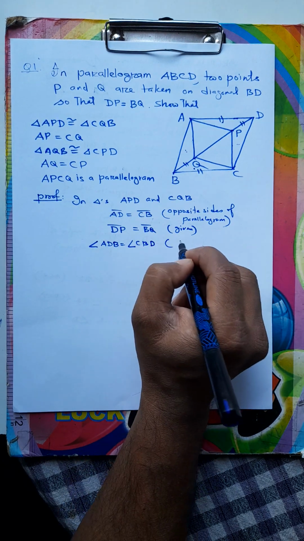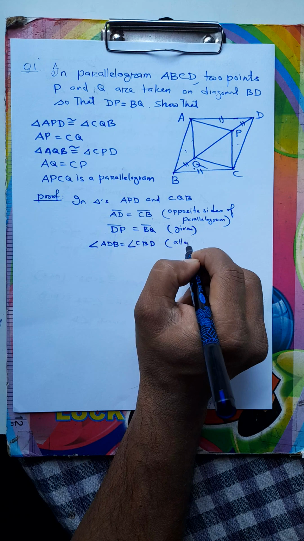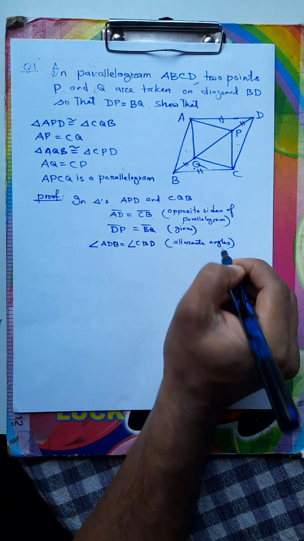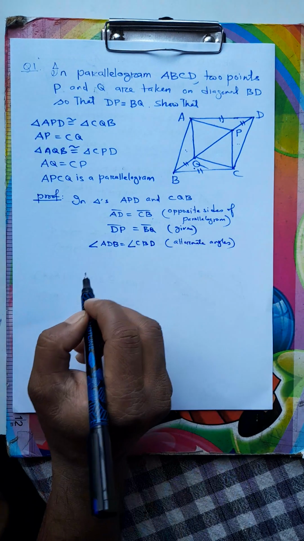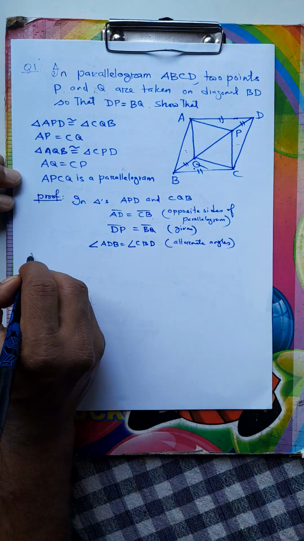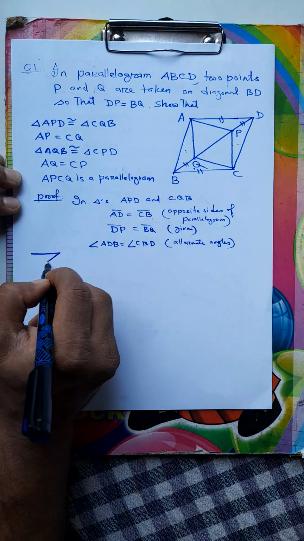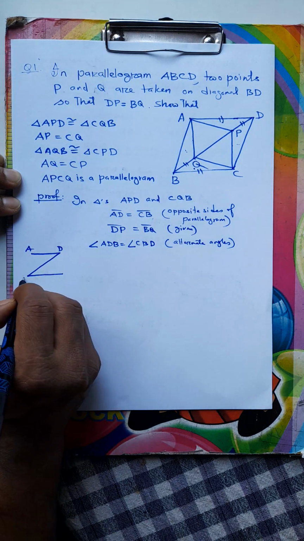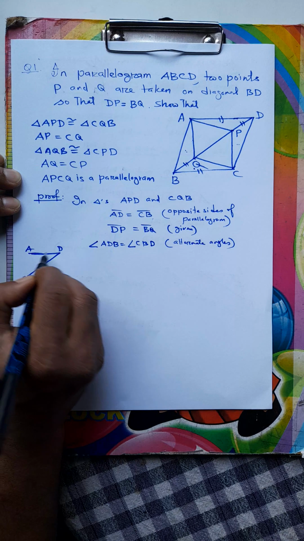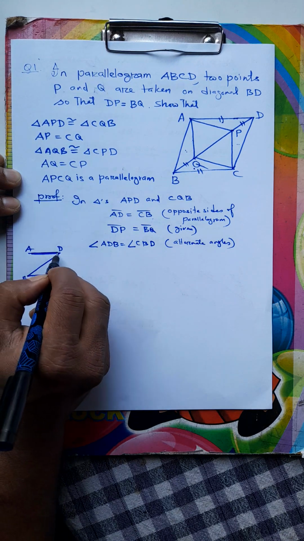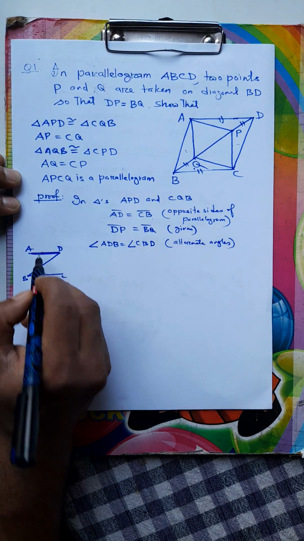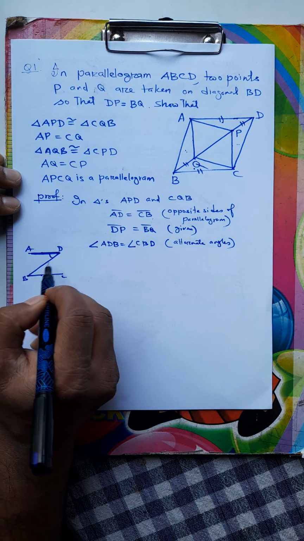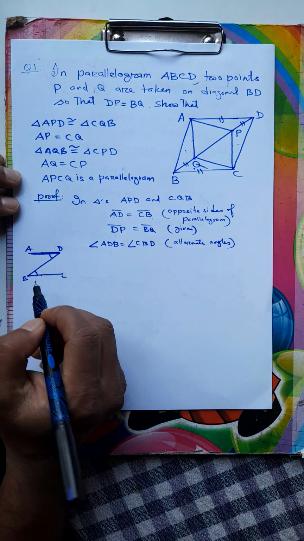Why? They are alternate angles, right? You see if you draw separately, you find this is A, D, B, C. Now opposite sides of parallelogram are parallel. AD parallel to BC, then BD is a transversal, so these two angles are equal, alternate angle.